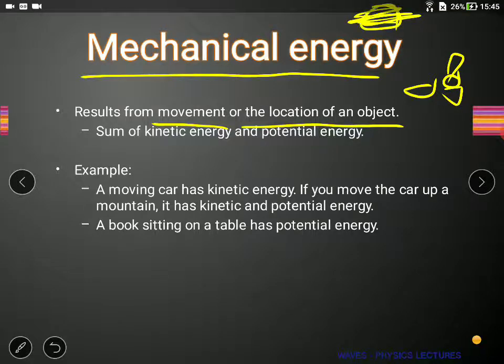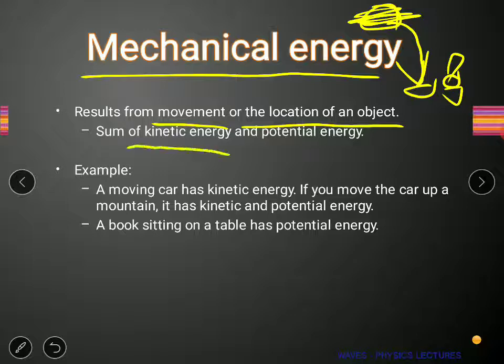This water will have potential energy, and it will fall on the turbine and get converted into kinetic energy. The turbine rotates, so therein comes the mechanical energy. This mechanical energy is the combination of kinetic energy and potential energy. If you take an example, a moving car has kinetic energy.